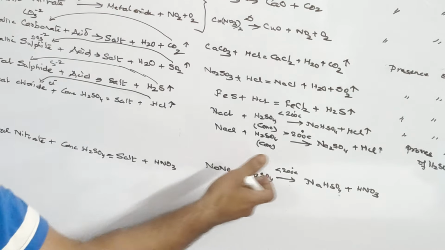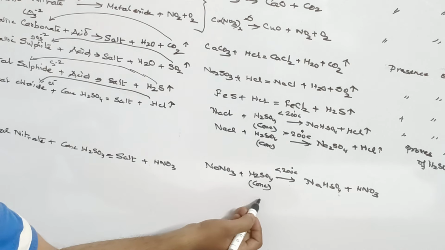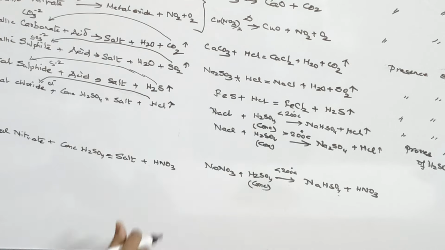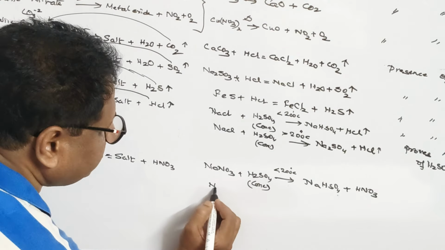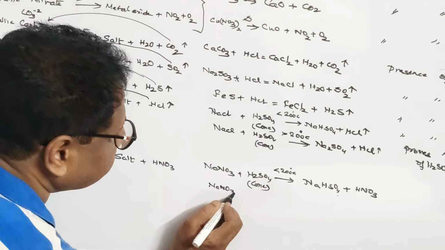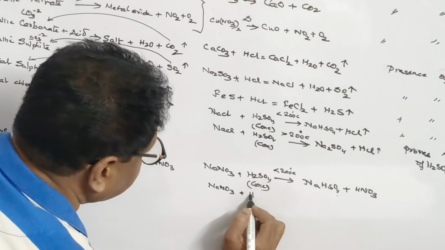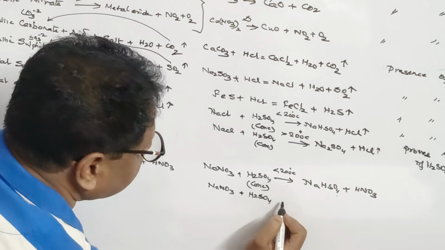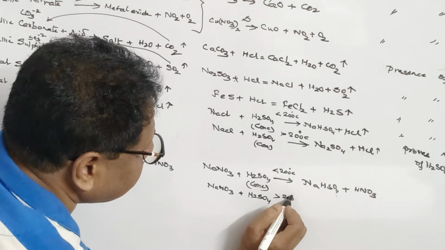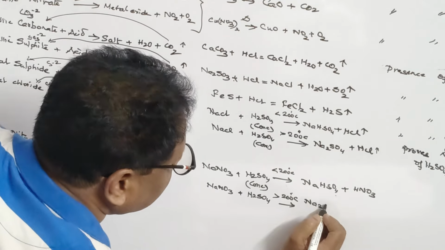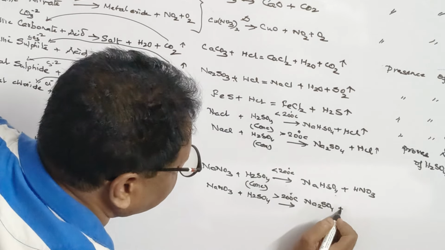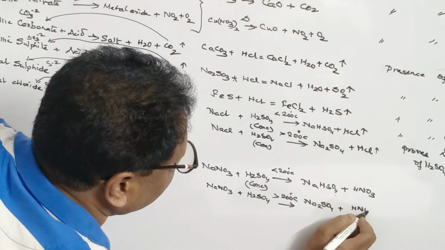Now this equation again supports the non-volatile nature of conc sulfuric acid, plus it also supports the dibasic nature, because if you make the reaction possible at more than 200 degrees Celsius, it forms a normal salt Na2SO4 plus HNO3.